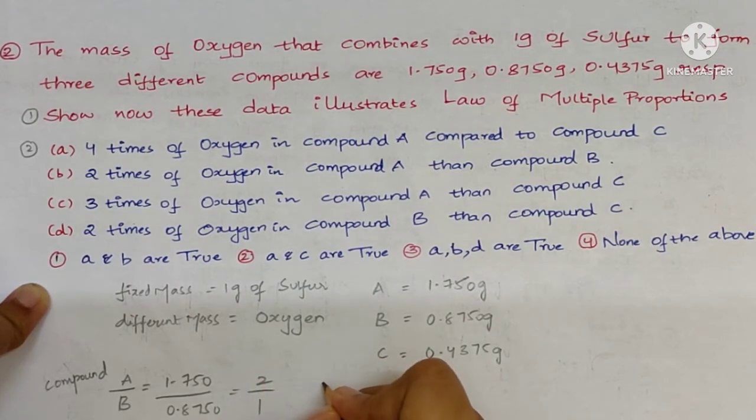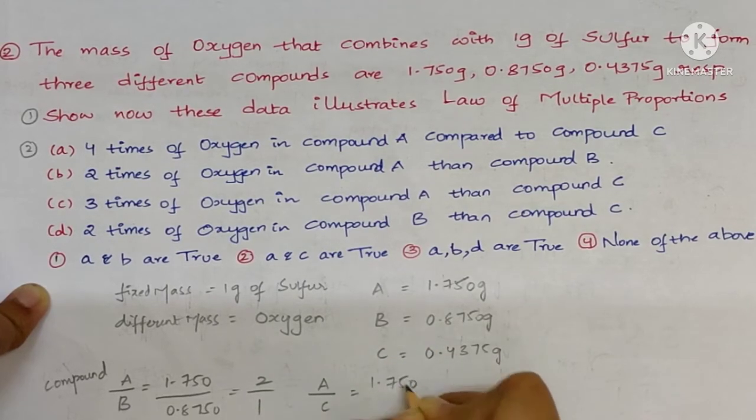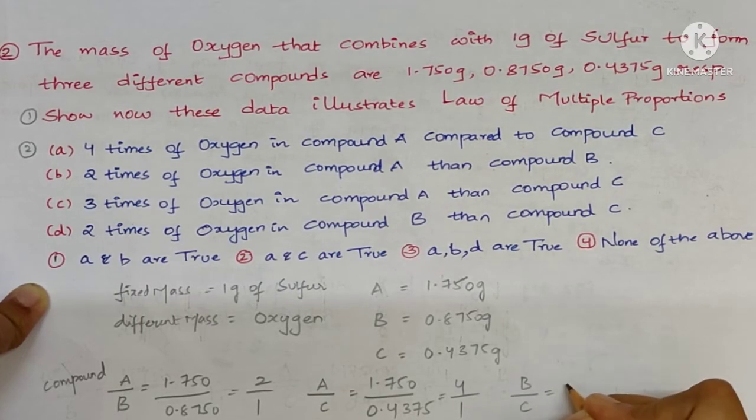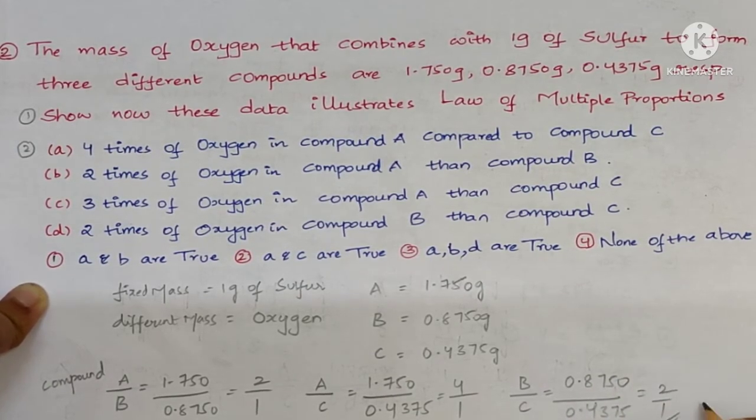In the second case, compound A compared to compound C, that is 1.750 divided by 0.4375, and when we simplify it, we'll get 4:1. In the third case, compound B compared to compound C, that is 0.8750 divided by 0.4375, and finally we'll get a 2:1 ratio.